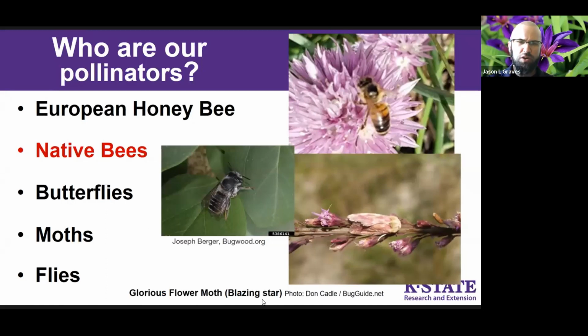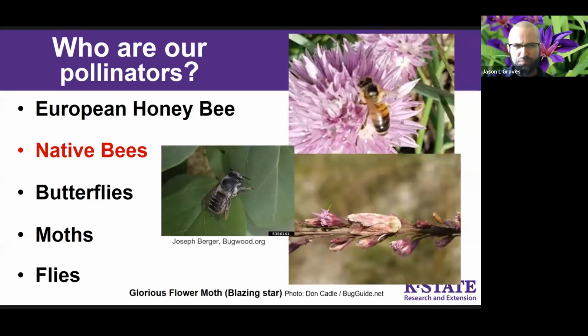And so a lot of what we talk about going forward is going to be focused a little more on native bees. But honestly, these practices are going to benefit all pollinators. And so when we specifically talk about pollinators, bees are certainly the group that we are most interested in because bees are the only group that deliberately gather pollen to bring it back to their nests.